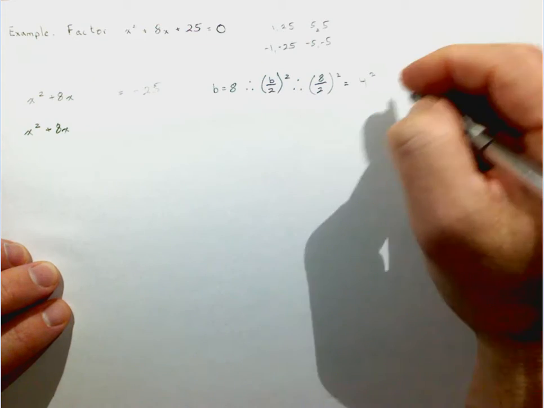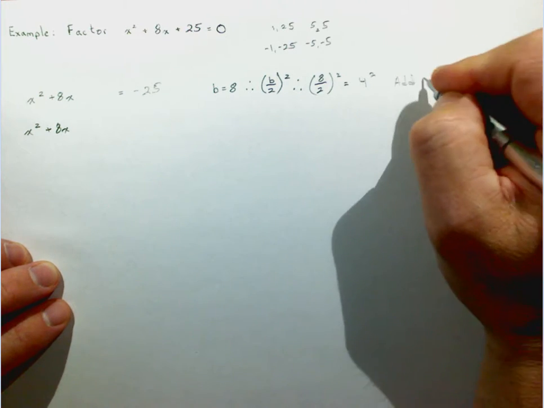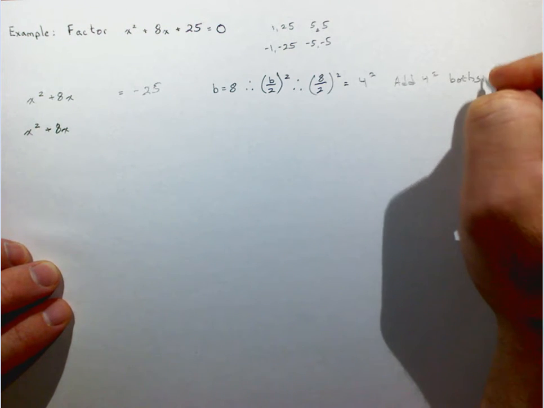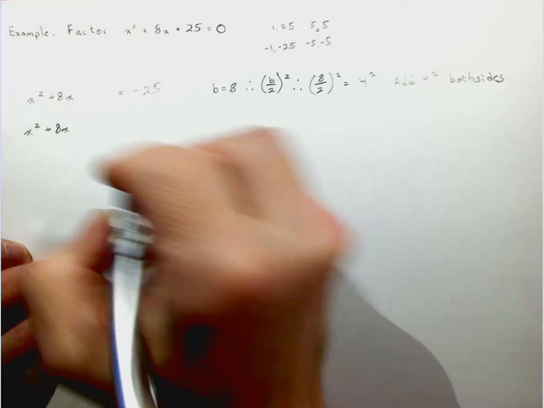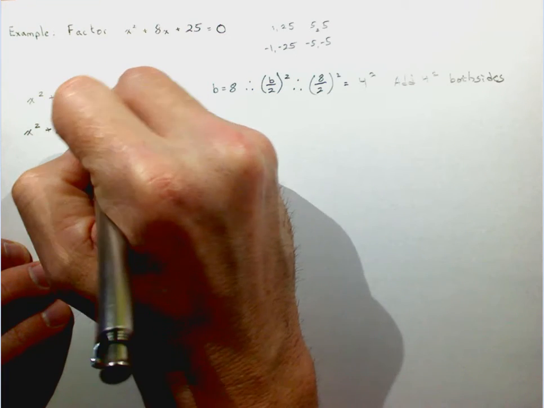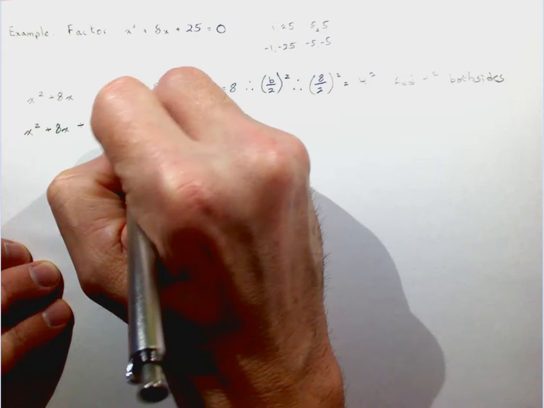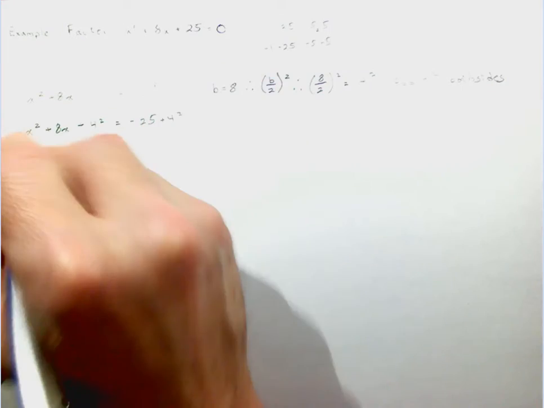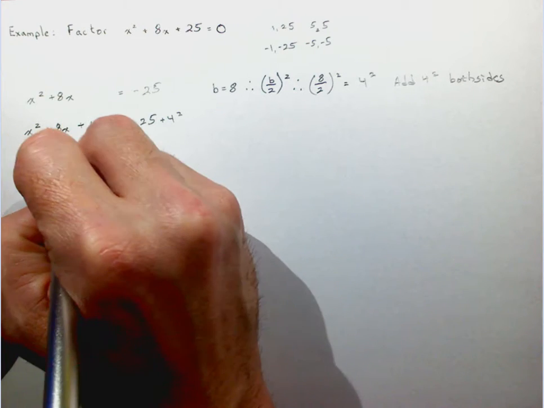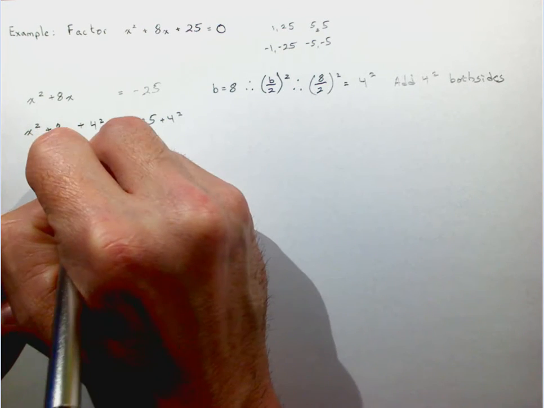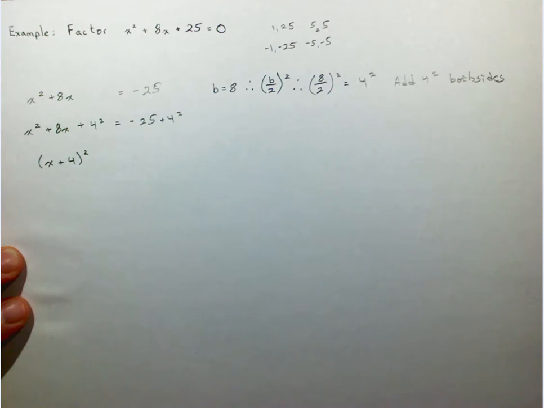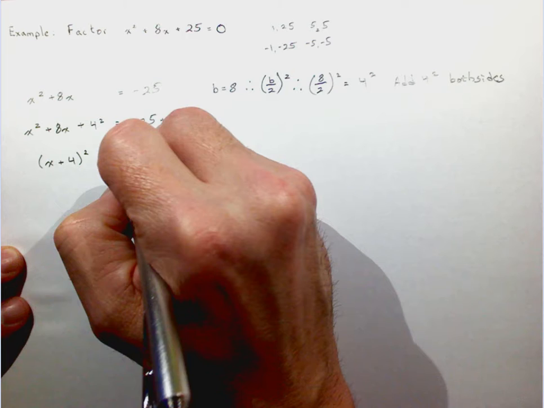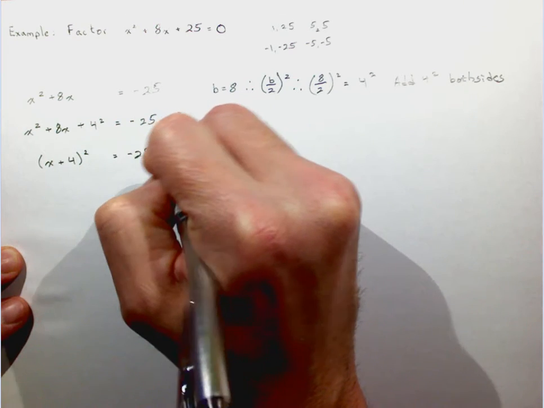So I'm going to add 4 squared to both sides. x plus 4, squared, and I'm going to work that out, equals, well, this is negative 25 plus 16.